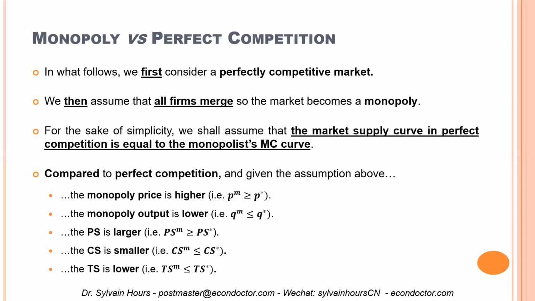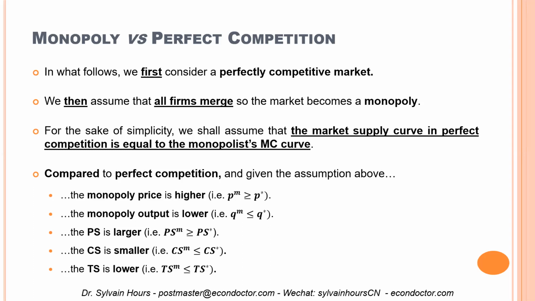And the conclusion that we can draw is that the price in a monopoly is going to be higher than the price in perfect competition. This is the first line here. The output in a monopoly is lower than the output in perfect competition. The producer surplus in monopoly is greater than the producer surplus in perfect competition.